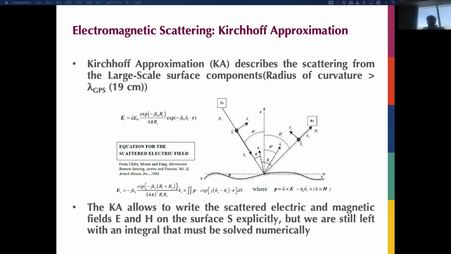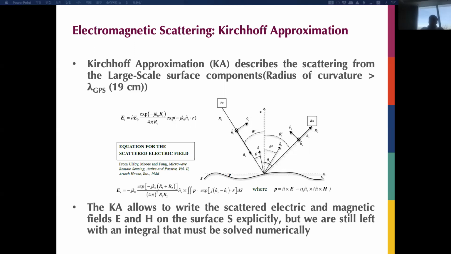In this group, we are trying to improve the electromagnetic scattering theory. The Kirchhoff approximation is the famous electromagnetic scattering theory, and it is used in every other remote sensing community.